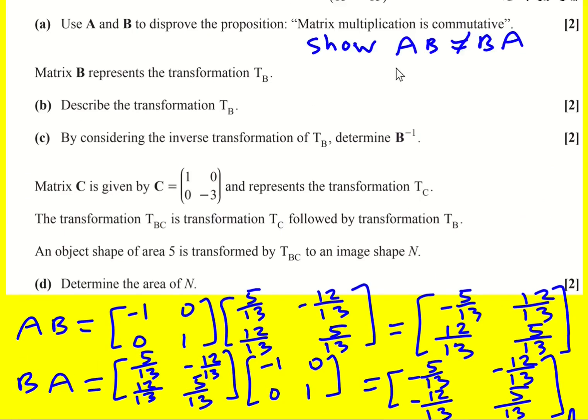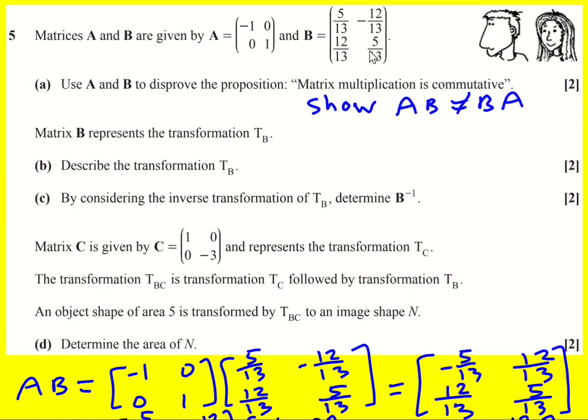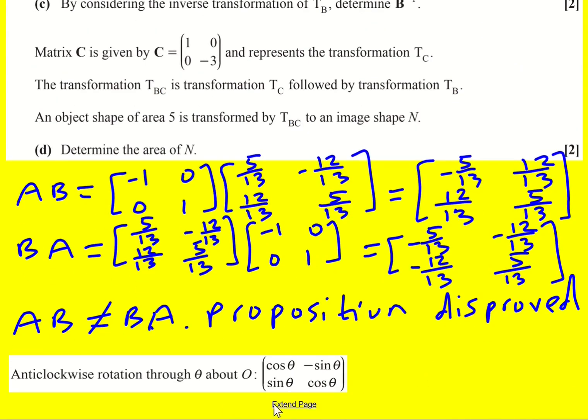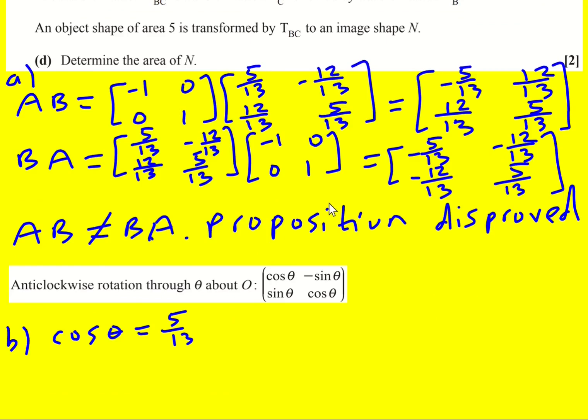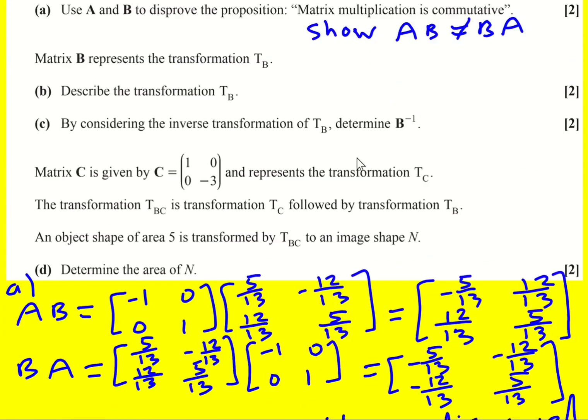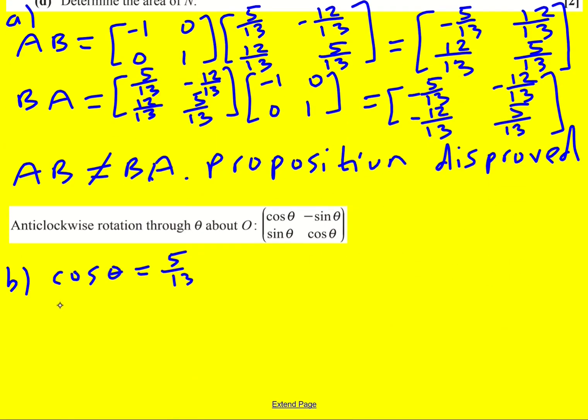And so we can see it works if cos theta is 5 over 13, I think it was, and sine theta is 12 over 13. Now we have to solve these.